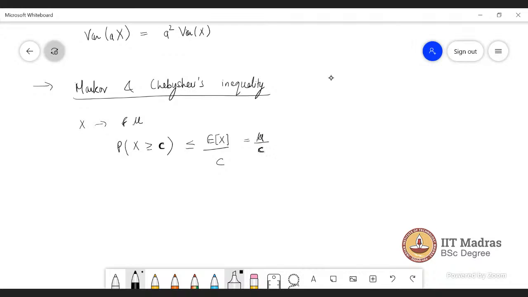It gives the bound that your random variable x takes a value greater than c. So this probability should be less than or equal to expectation of x by c. This is what the Markov inequality says.